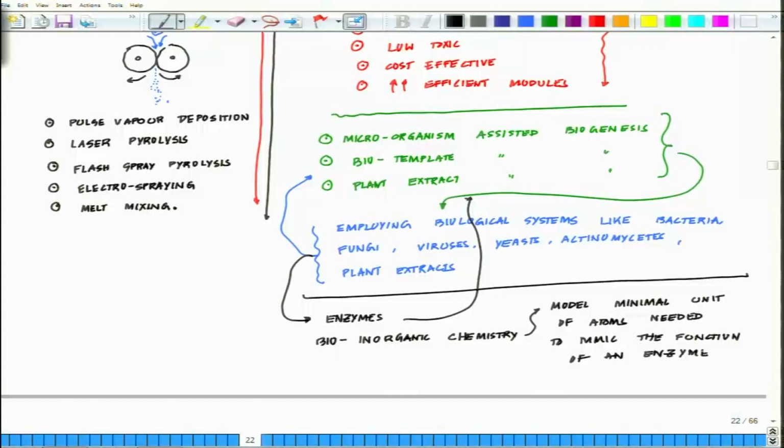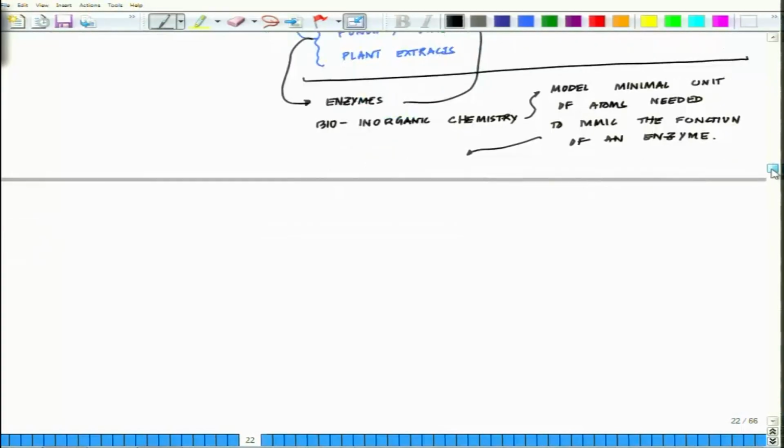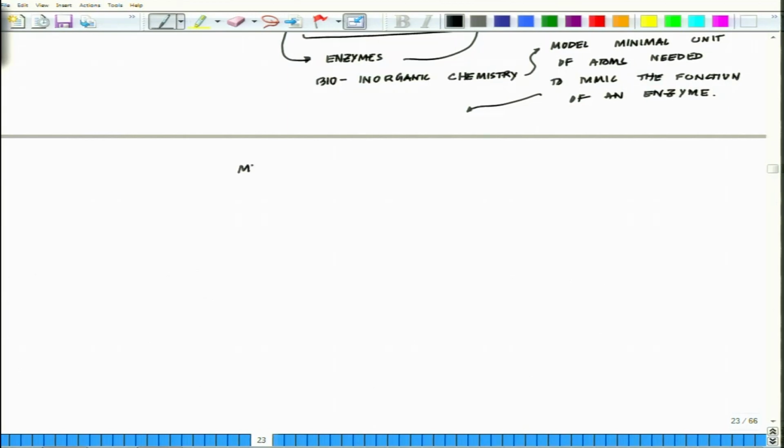There is a tremendous amount of work which has gone into synthesizing such models, for example modeling nitrogenase, and modeling water splitting clusters, which mostly consist of a manganese cluster essentially.